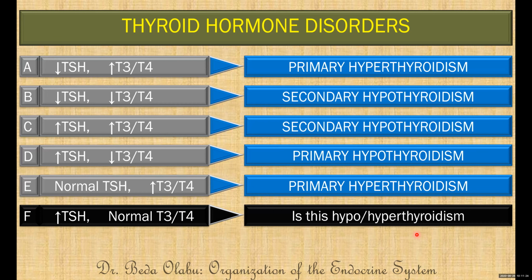The patient is at risk of being hypothyroid, yes, because the TSH levels are high. So you really need high TSH levels to maintain the gland at normal. That's the point here. It means that if the TSH levels were normal, the T3 and T4 levels would be low. So this is what we call subclinical hypothyroidism.